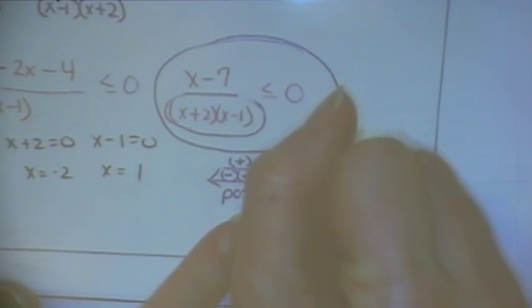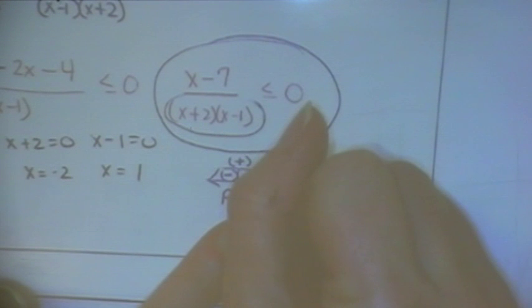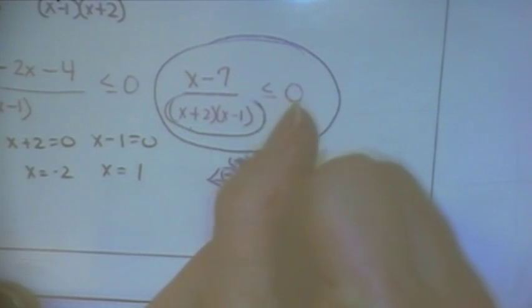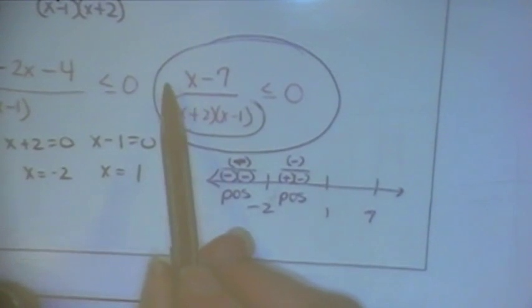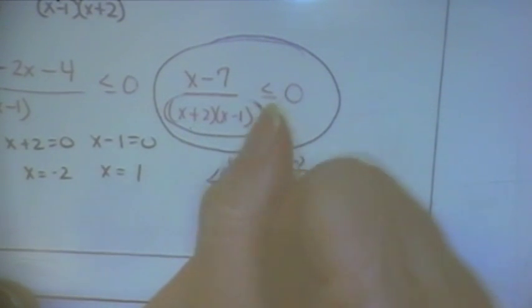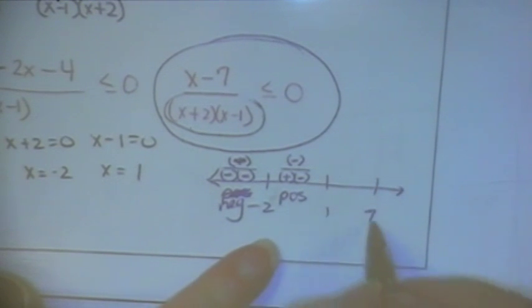The bottom left piece is positive, the bottom right piece is negative. That's a negative over negative, which makes this whole piece positive. You know what? I missed this because this is a negative. Oh! Negative 4. Right, that makes this negative. That's negative. That's negative. So this is negative. Whew. Okay. Sorry.